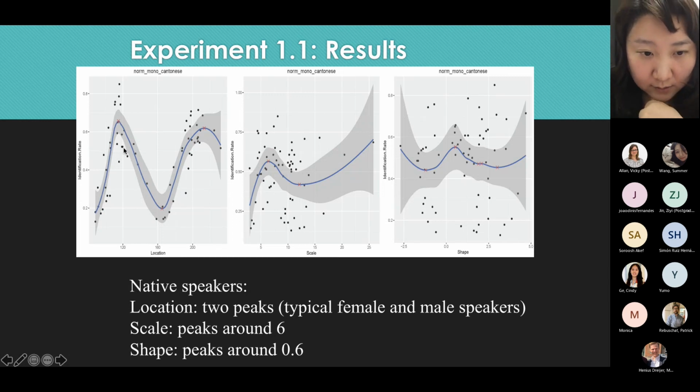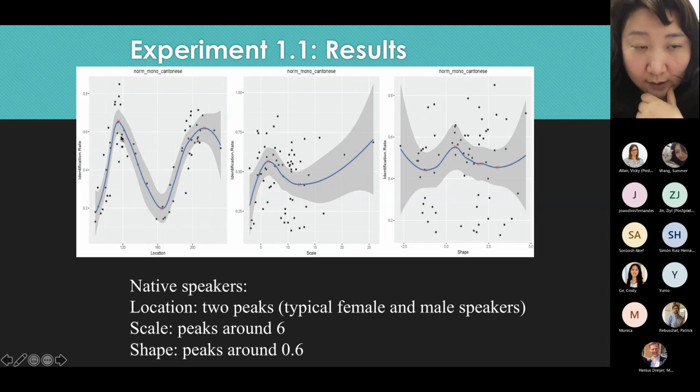And it's quite interesting that for the location parameter, there are actually two peaks. We think there are two peaks because people have knowledge about both female and male speakers. They know what kinds of speakers are considered typical male and typical female speakers.